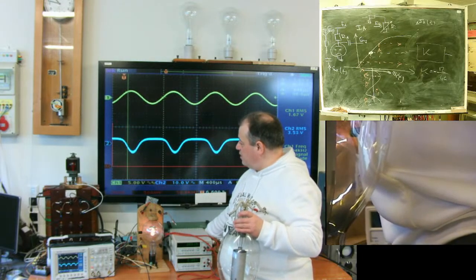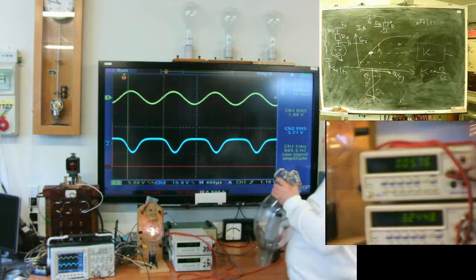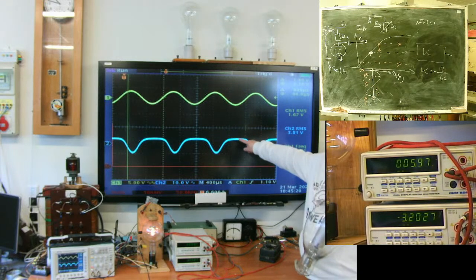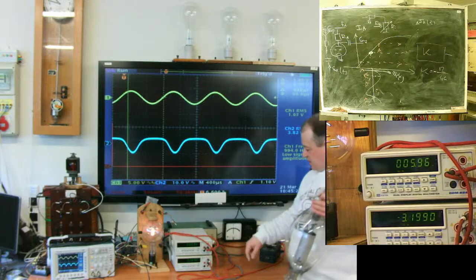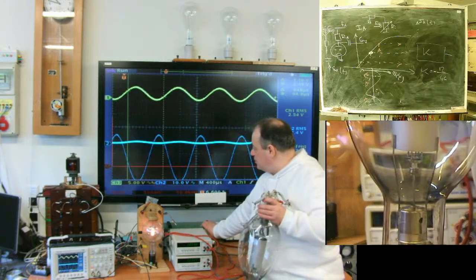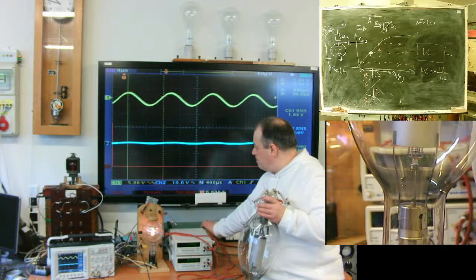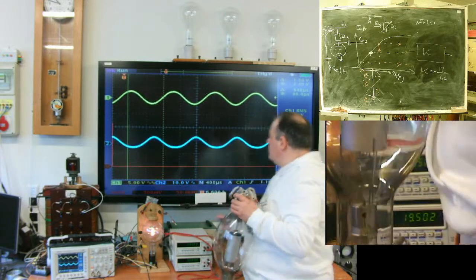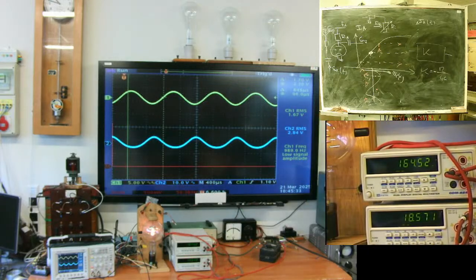Clipping. See, at this moment, I'm on this side of the characteristic, but because my amplifier is inverted, I have clipping on the upper side. I'm in the saturation area.